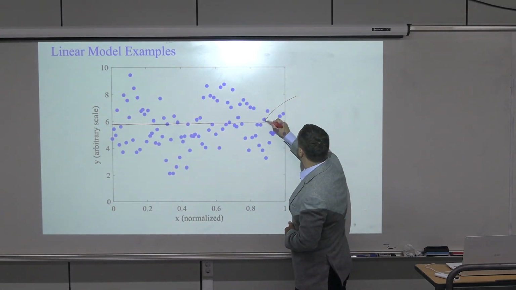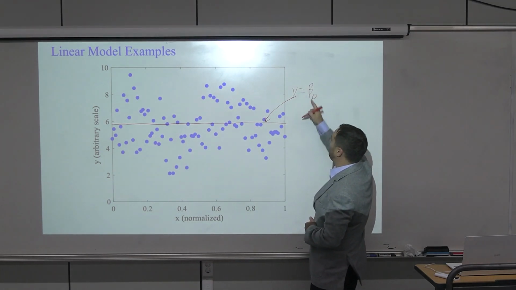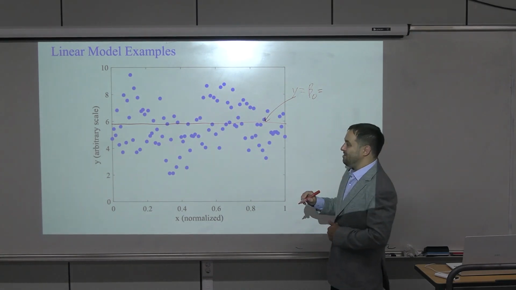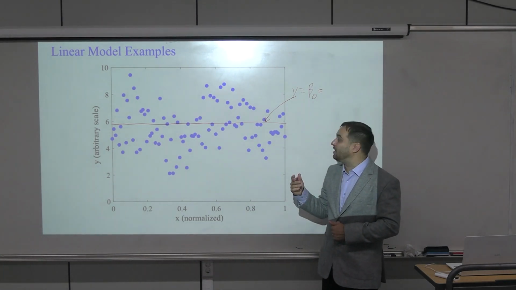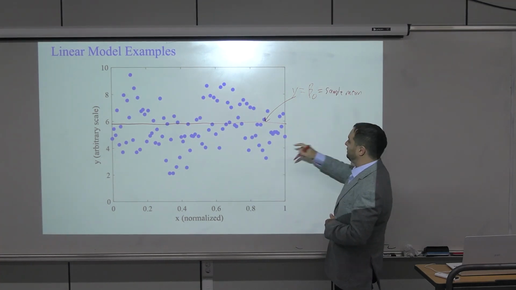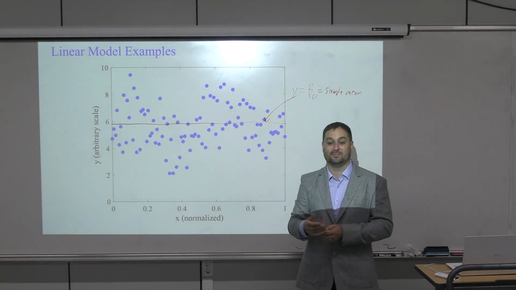And so this line would be y equals, I'm going to call it beta naught, where beta naught is some constant. And if we were actually performing linear regression, this would be the sample mean. Here, with these data points, we have a population of data points.